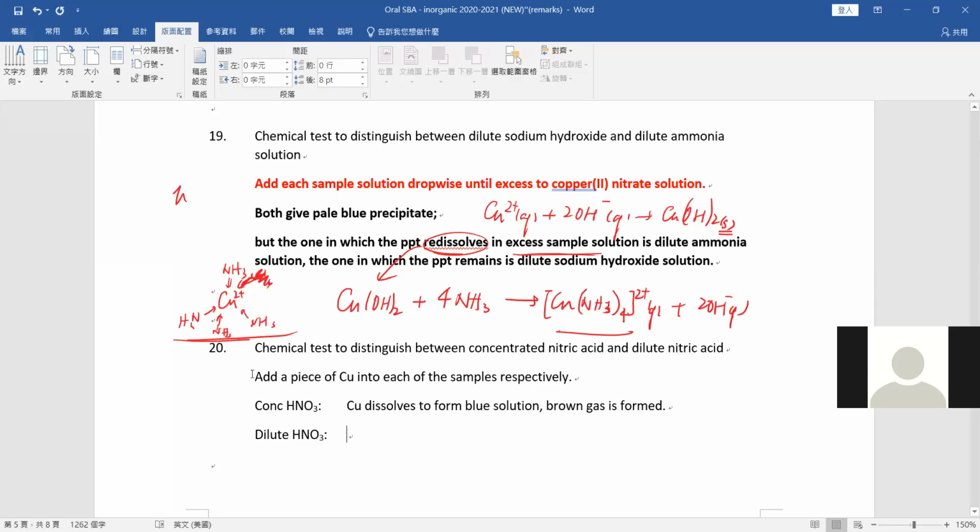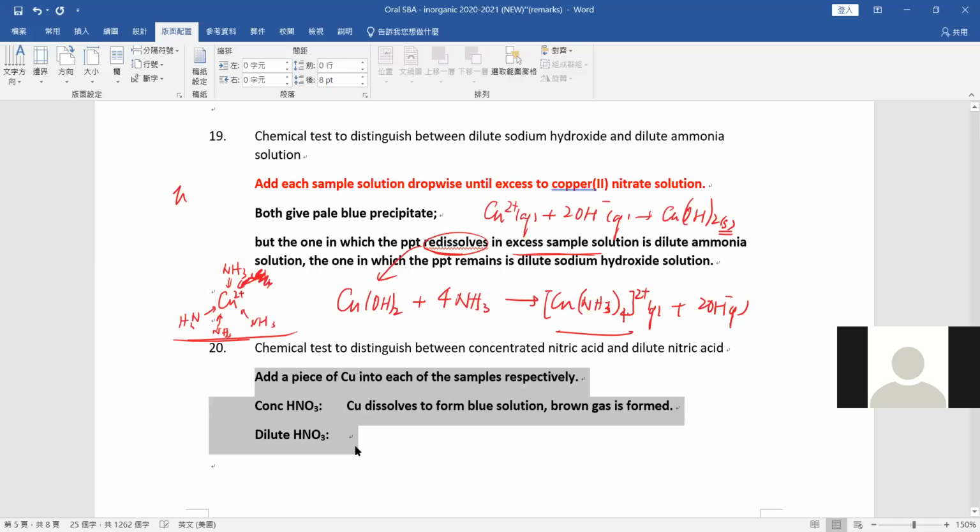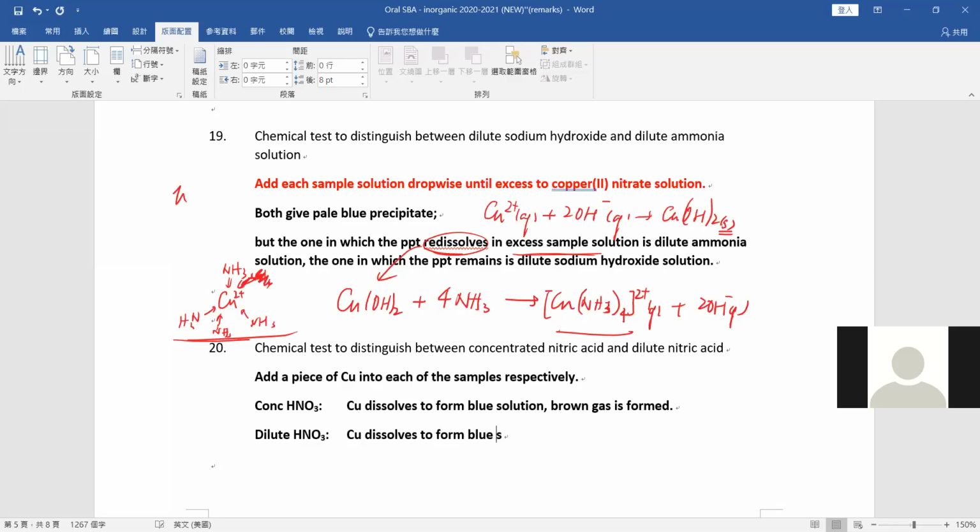Yeah, very good. So why do I keep on asking this? It's because the nature of dilute nitric acid may be misleading to some of you. Now you may get confused by this when you compare with other typical acid. So maybe some of you will answer it like not dissolve.